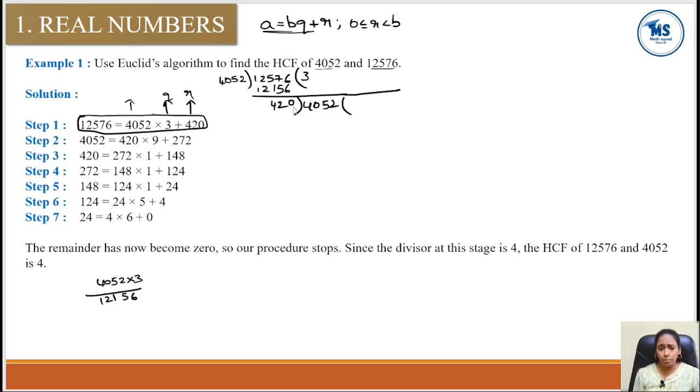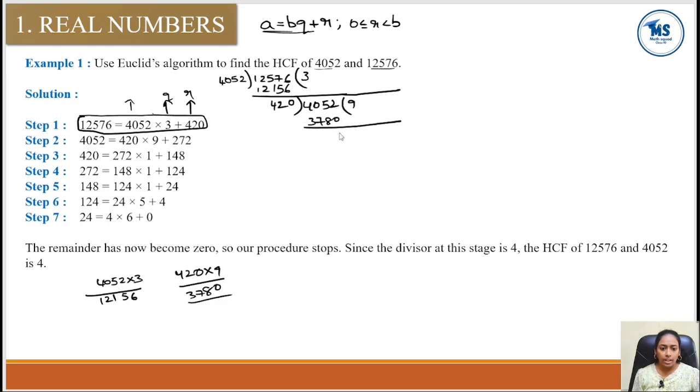The second step is applying the lemma to 420 and 4052. I think it will go 9 times. Let's check: 9 times 420 is 3780.